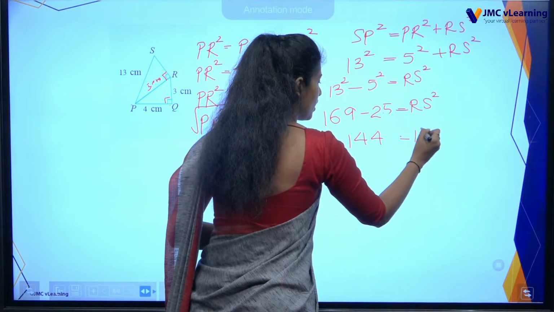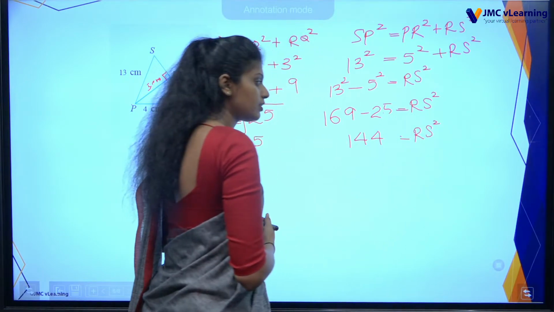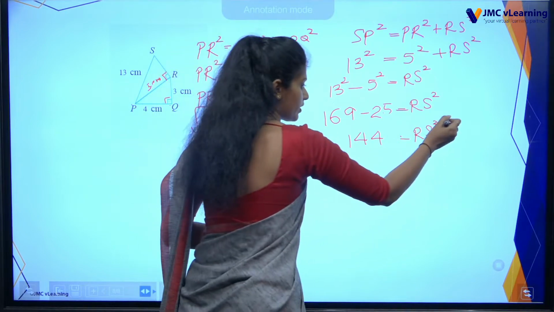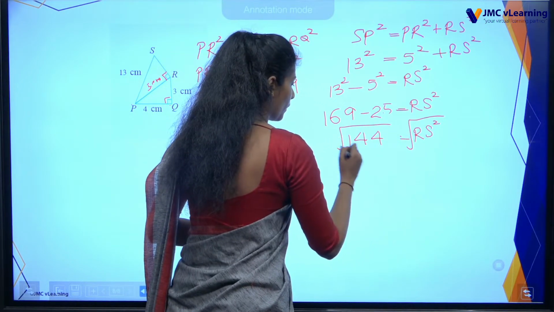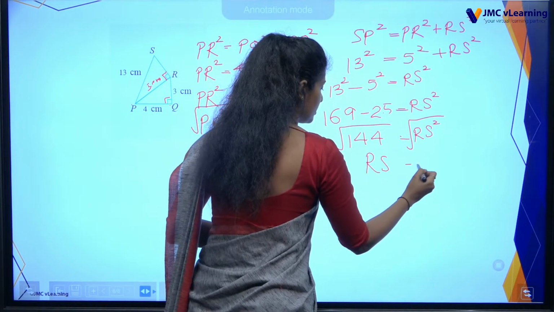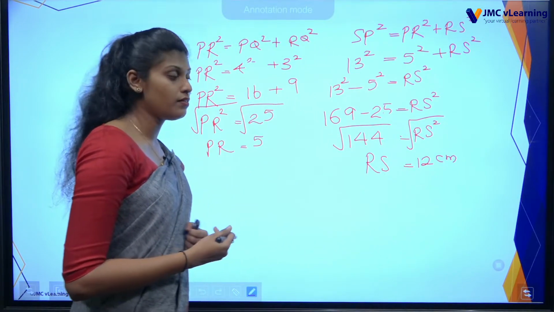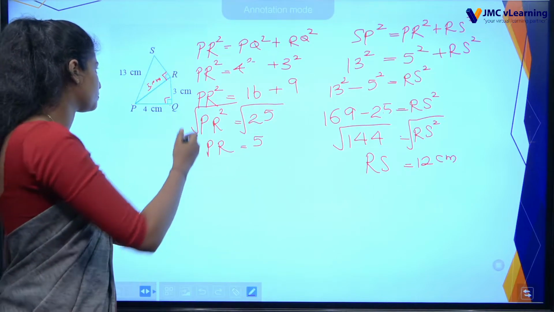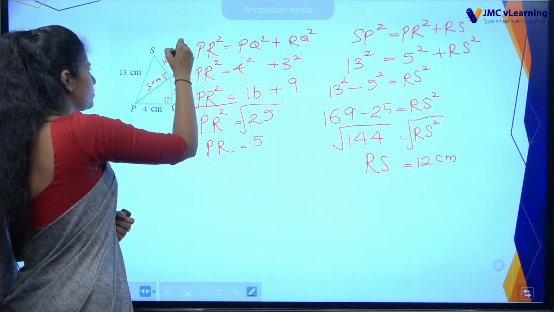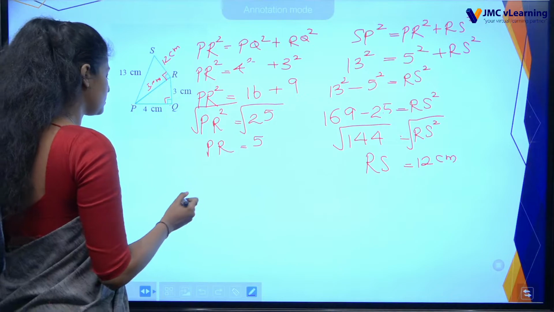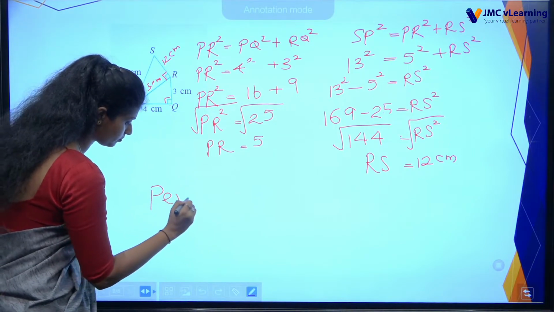It is equal to RS squared. To find the value of RS, you have to take the square root. So RS length is 12 centimeter because 12 into 12 is 144. Then here 12 centimeter. Let's find the perimeter.